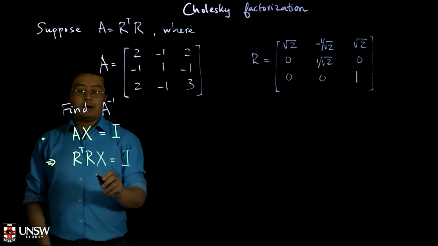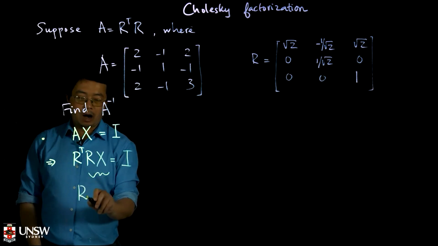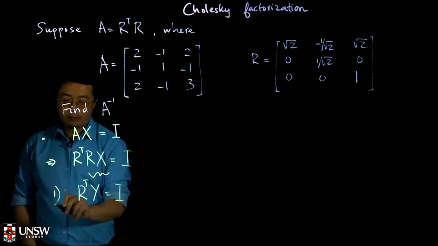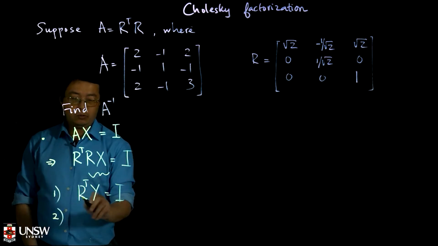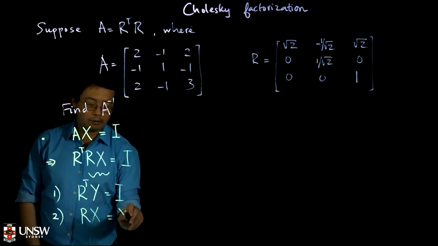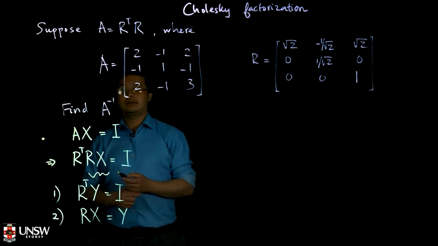I will solve this in 2 steps. Step 1: solve R transpose Y equals identity. Step 2: solve RX equals Y. Then I recover the inverse of the matrix.